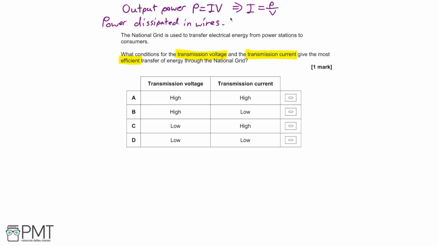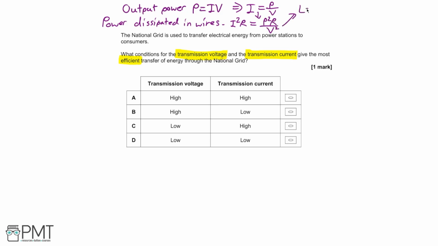We can see this by using the same equation, except we need to consider the power dissipated in wires of resistance R. So using the equation from the data sheet, this is I squared R. Substituting in our equation for I, we have that this is equal to P squared times R divided by V squared.